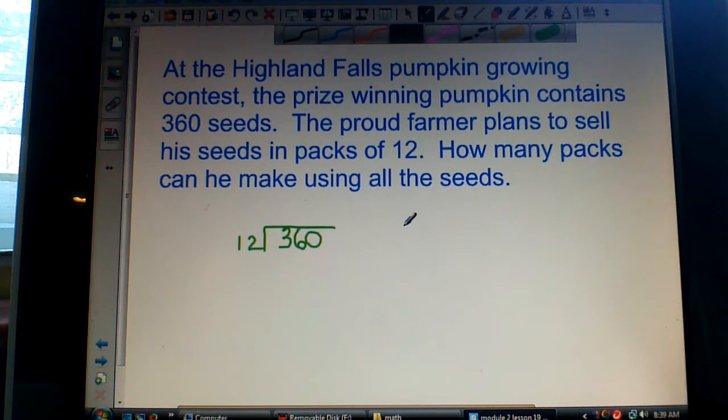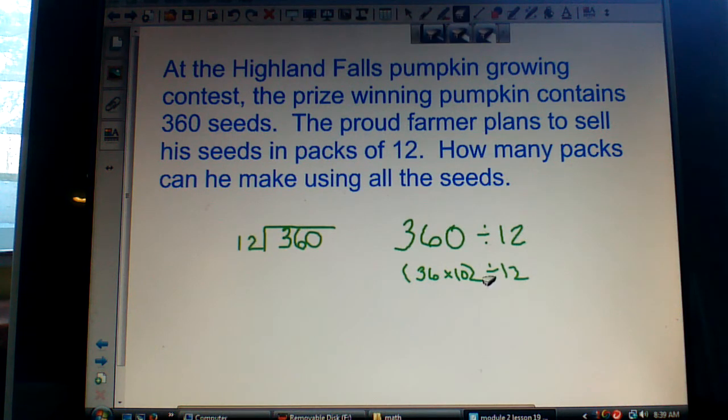So here's where this lesson is different than the other lesson. So 360 divided by 12, we're working in a tens unit. Okay, so we're going to go 36, we're breaking up the 360, 36 times 10 divided by 12. You guys got that? Right?